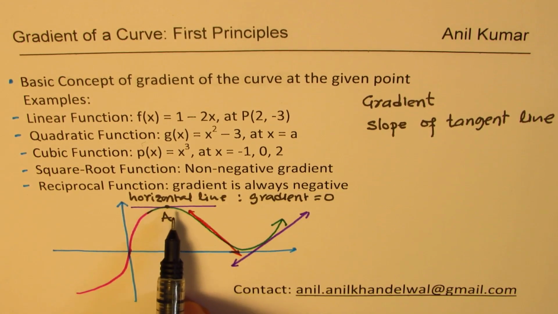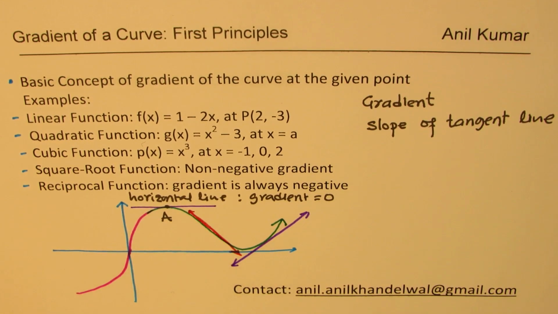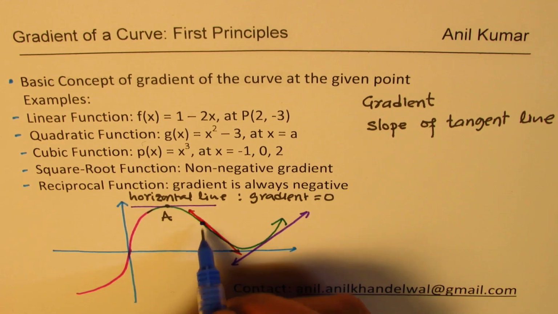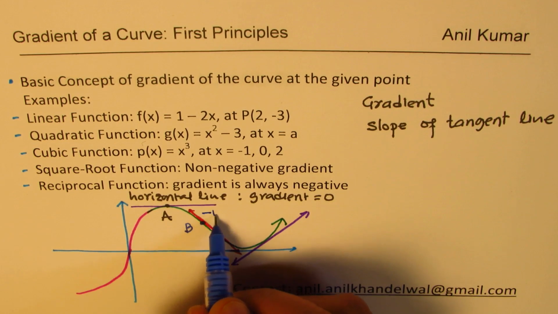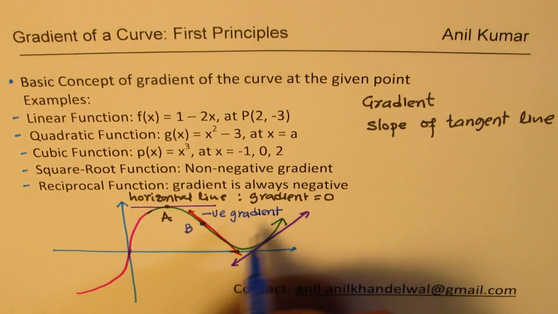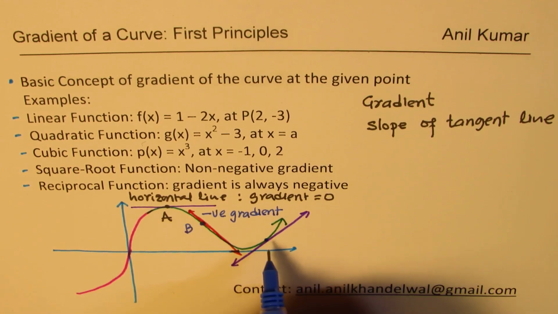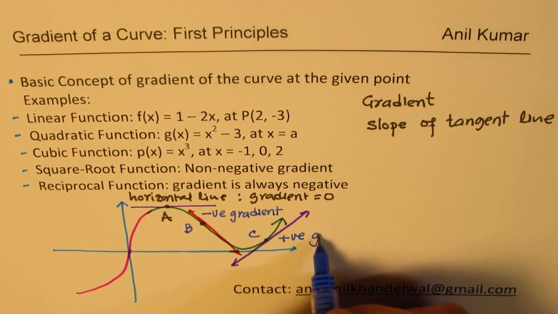So all the turning points will have a gradient of 0 on the curve. Now we have a point on the right side of this. Let me call this point B. Now at point B, we have a negative gradient. It is going downwards, right? On the other hand, at point C, we have a positive gradient.